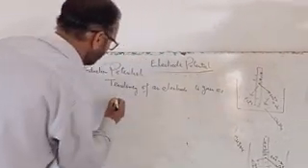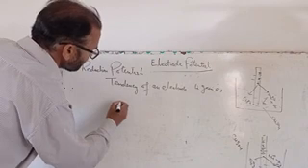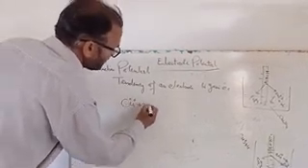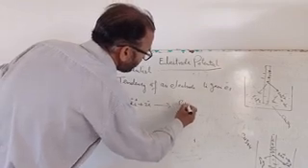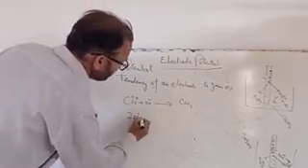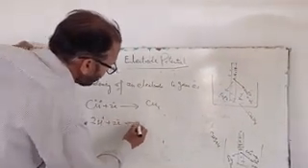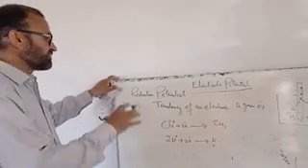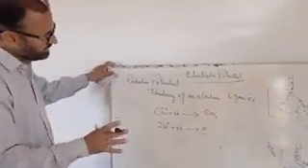For example, Cu^2+ plus 2 electrons, reduction takes place, gives copper solid. For example, 2H+ plus 2 electrons gives H2 gas. So this is the electrode potential, first oxidation potential, then we consider the reduction potential.